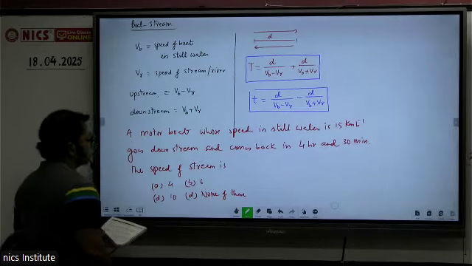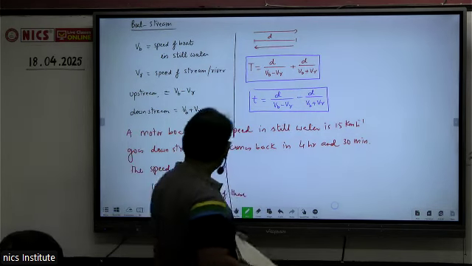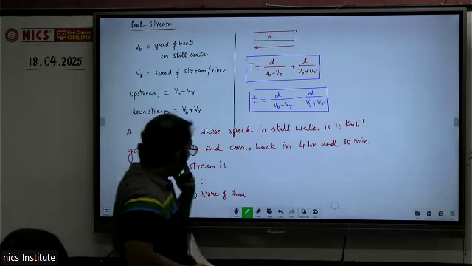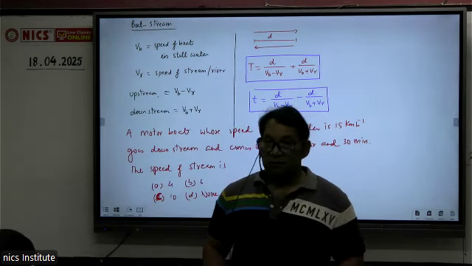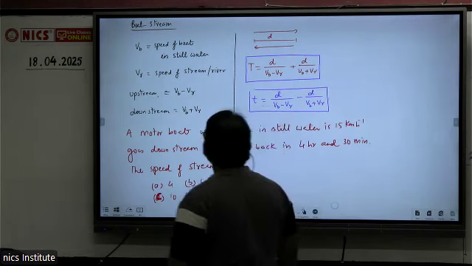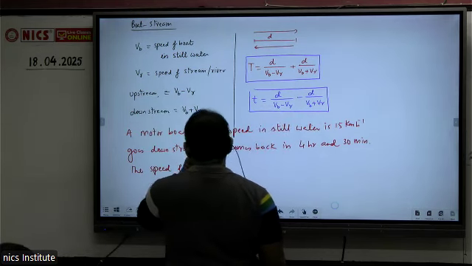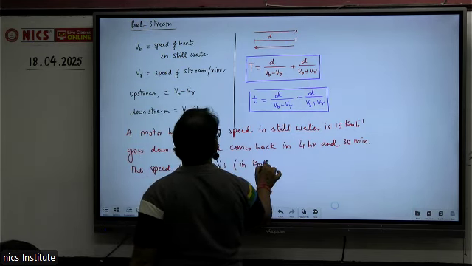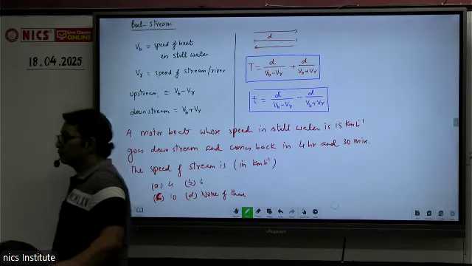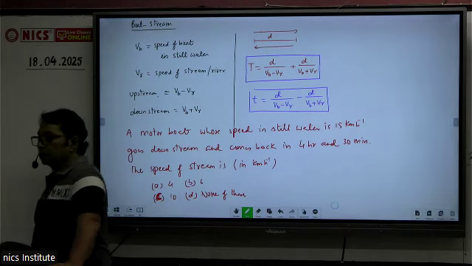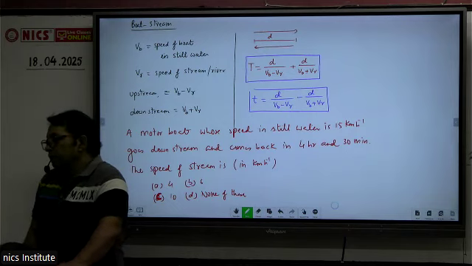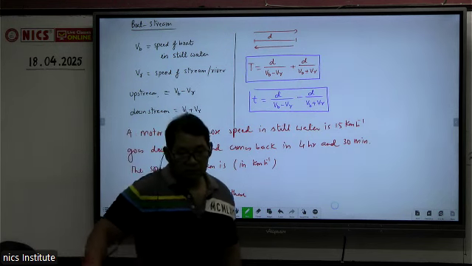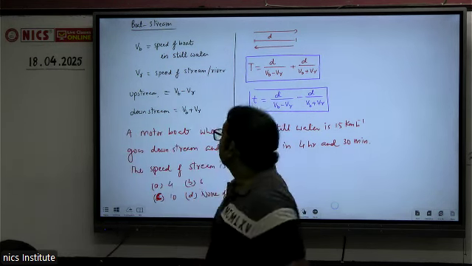Hmm, what did you write? Okay, kilometer per hour. The total time has been given and something is missing.